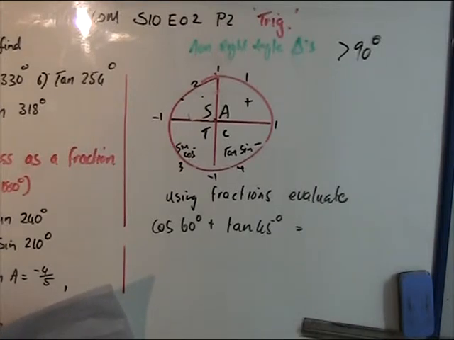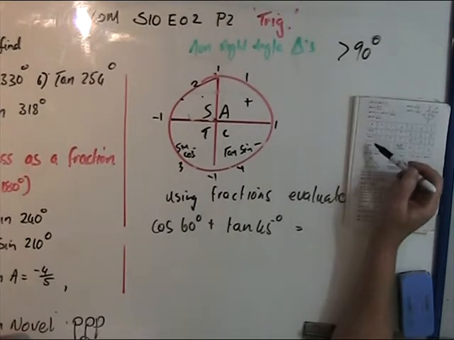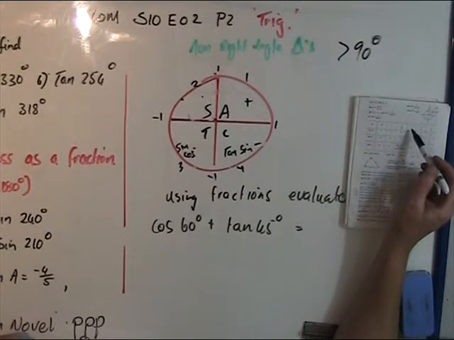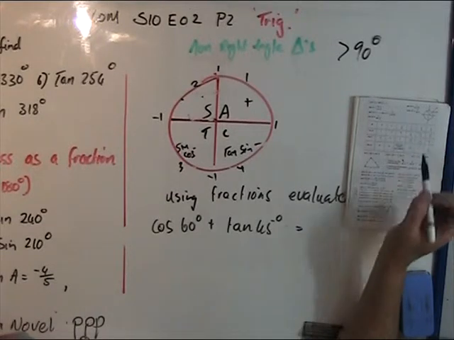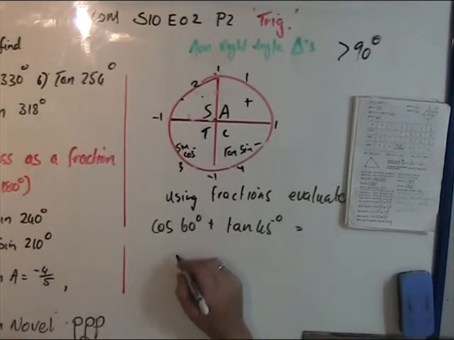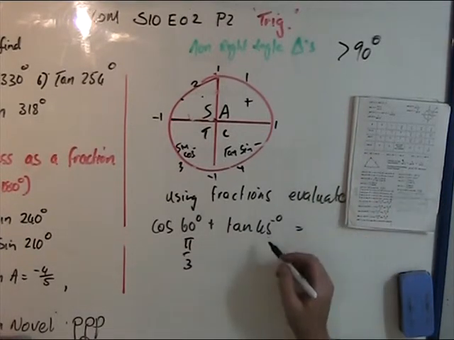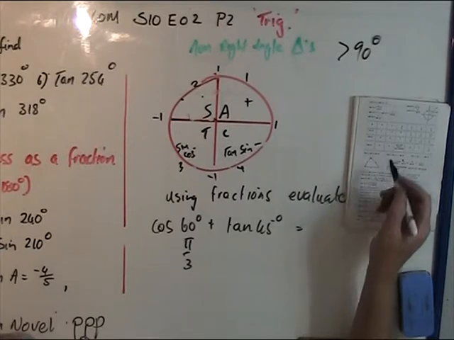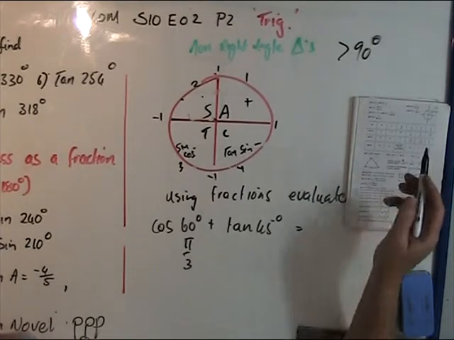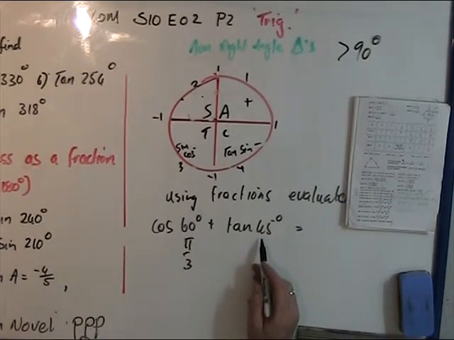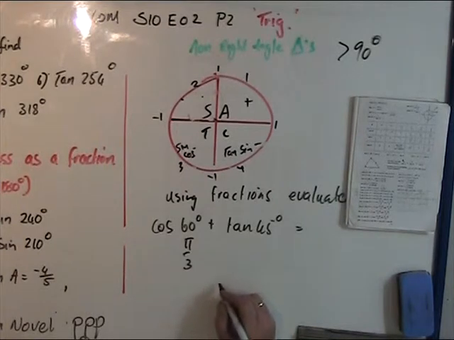I go to my table and look at my fractions. I'm looking at cos of 60 degrees, which is 180 degrees over 3, so 60 degrees is pi over 3. Then tan of 45 degrees, and you have to find out what 45 degrees is equal to. Okay, so 180.